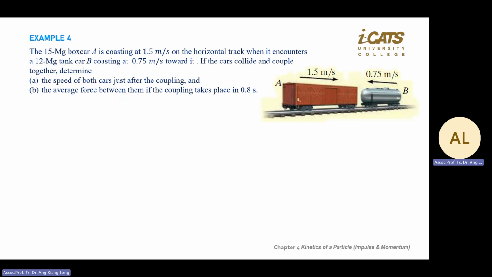If cars collide and coupled together, means it joined together. Okay. Determine the speed of both cars just before coupling. So before it join, you need to find the velocity before it join, and the average force between them if coupling take place in 0.8 seconds.